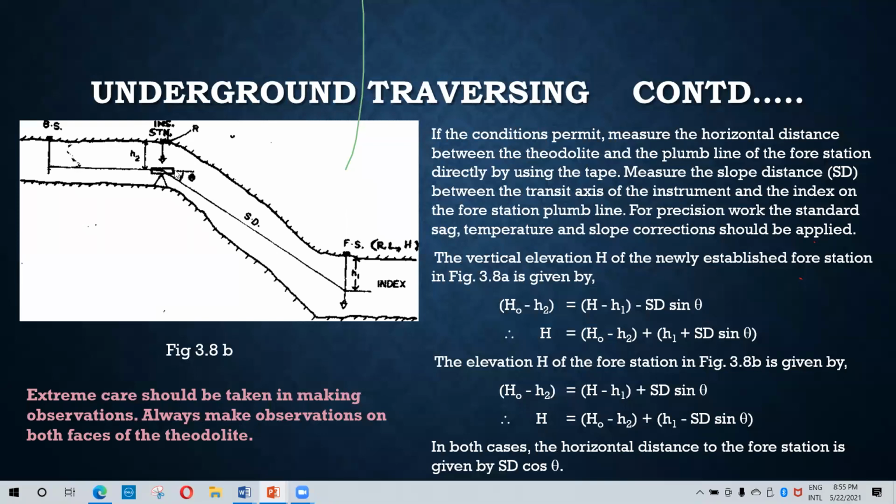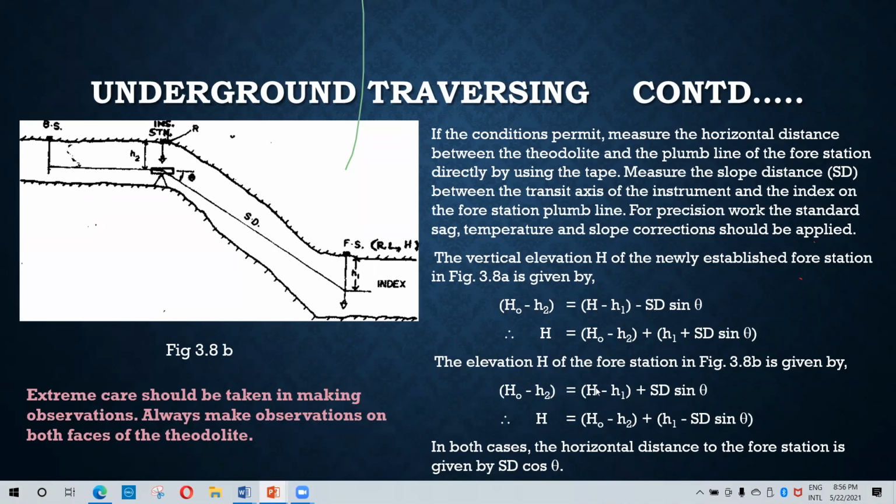Now, this elevation is equal to SD sine theta, the total vertical height from this point to this elevation, and you have to add another h minus h1 reading here.